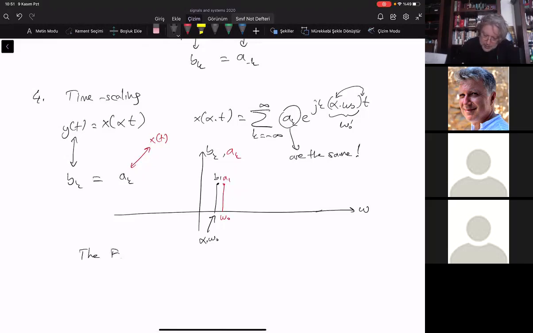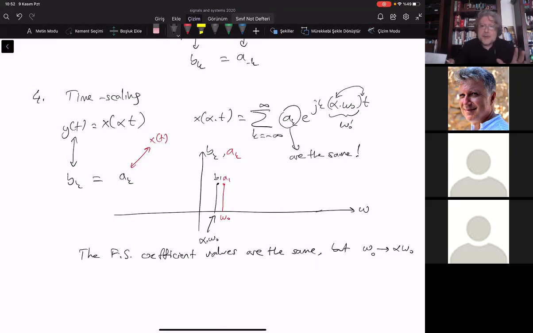The Fourier series coefficient values are the same, but omega 0 is transformed into alpha times omega 0, a new frequency, okay? And k times omega 0 will be k times alpha times omega 0. So the frequency changes, but the Fourier series coefficients stay the same.